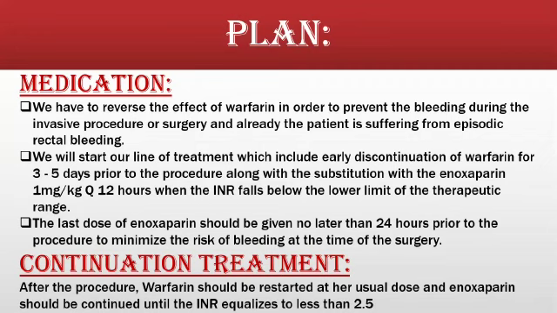Obviously, there will be a chance of bleeding, so we cannot take any sort of risk for the surgery. That's why we have to give the last dose of enoxaparin 24 hours prior to the surgery.